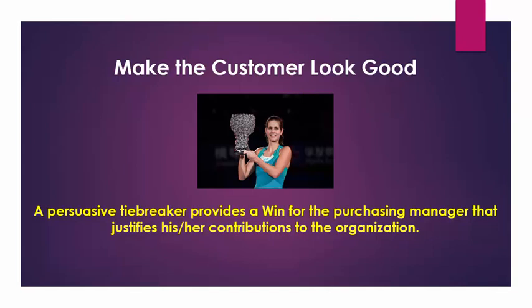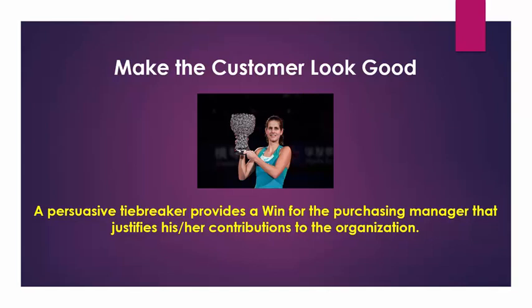And the reason that that's important is that purchasing managers are kind of the Rodney Dangerfield of most companies. And if you remember Rodney Dangerfield, he had the classic line, "I don't get no respect." In general, purchasing and supply managers only hear from senior management when they make a mistake. So anything that you can do to make them look good is obviously going to help guarantee your long-term sales.